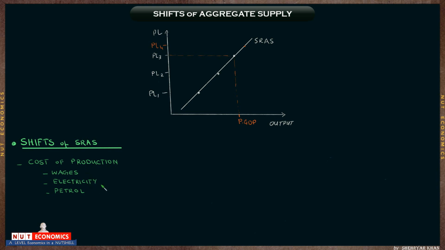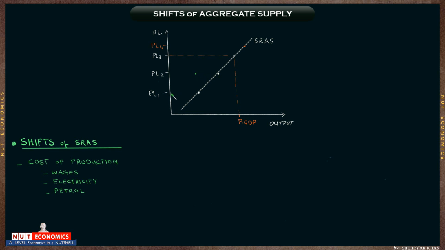Now let's assume that the cost of production increases. What it means for your short-run aggregate supply curve is that now if you pick up any price such as PL2, the business's profitability will go down, because whatever profits they were earning at this price level PL2, now if the price stays at PL2 but cost of production increases, that is where we say the business will become less profitable, and therefore whatever output the firms together were producing previously, now they will produce less than that.